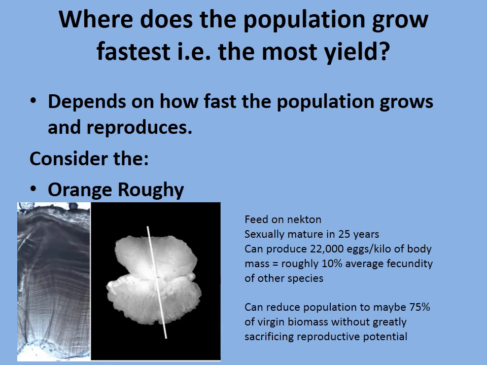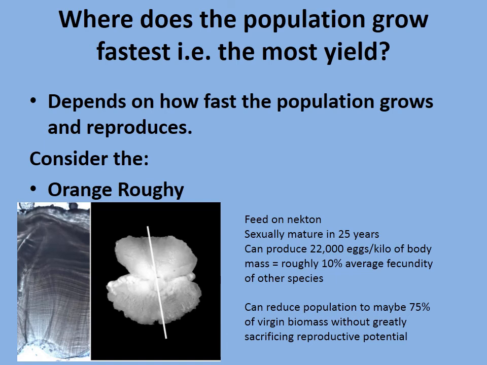So a 5 kilo orange roughy will produce something like just over 100,000 eggs, whereas the anchovy, which weighed maybe a couple hundred grams, would produce 20,000 eggs. So these things have roughly 10% the average fecundity of other species.